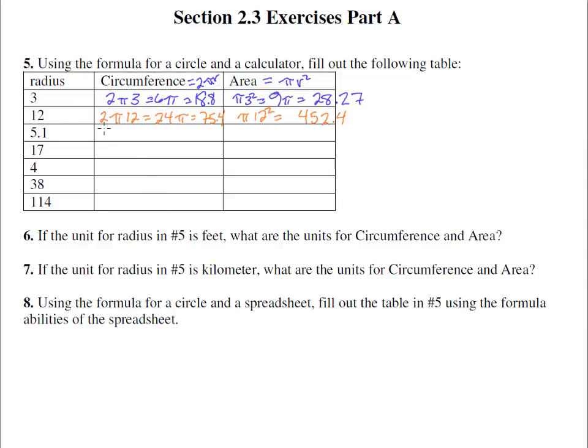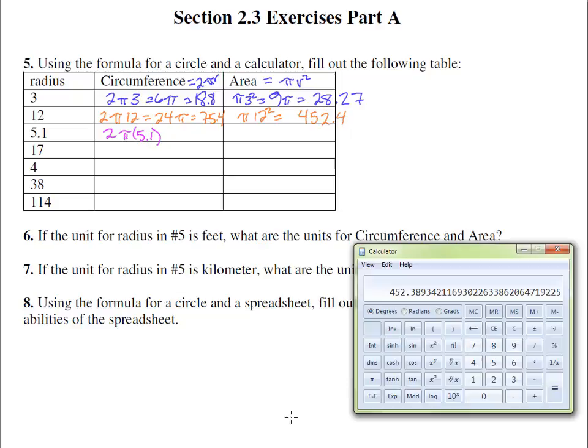With 5.1, the circumference is going to be 2 times pi times 5.1. Let's times that out on the calculator. 2 times pi times 5.1 equals 32.04.